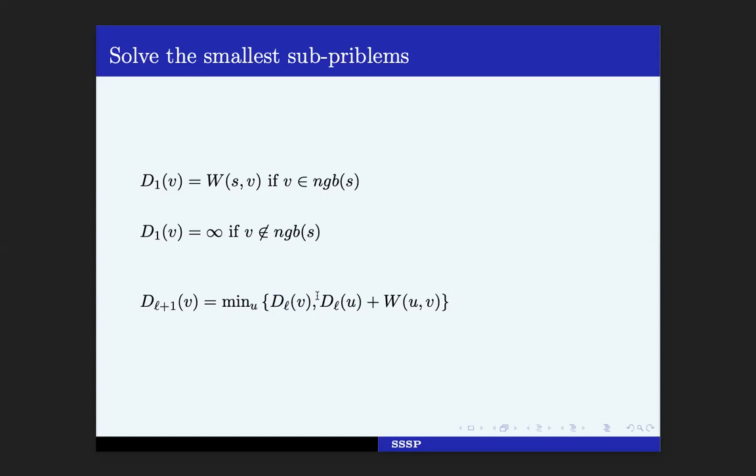But if the shortest path from S to V uses exactly L plus 1 edges, that means there is a path that goes from S to V via some vertex. It enters V via some vertex, and that must be U, such that there is an edge from U to V. In that case, you ask your friend standing at U, what is the shortest path from S to U using L edges?